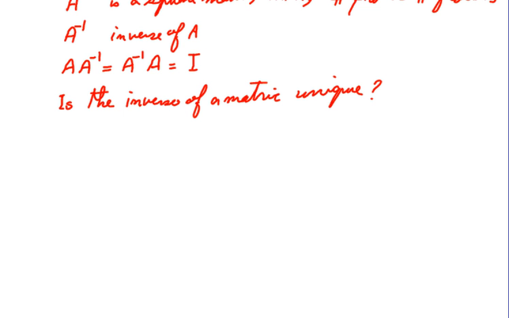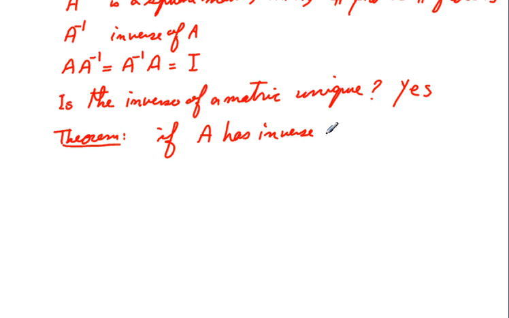So that becomes a simple basic theorem for us. The positive answer here is actually a theorem. So we are going to state that if A has inverse, then that inverse is unique. Let's cook up an argument like this.